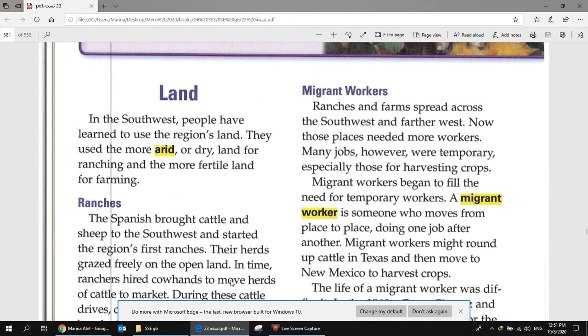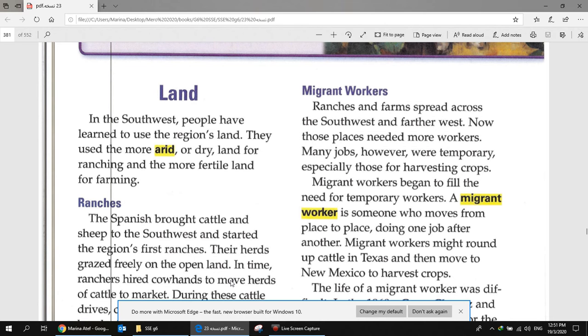Okay, first of all, in the Southwest, people have learned to use the region's land. They learned to use their dry land. So arid means dry land. Okay, this is the first word that we have. They used it for ranching and the more fertile land for farming.